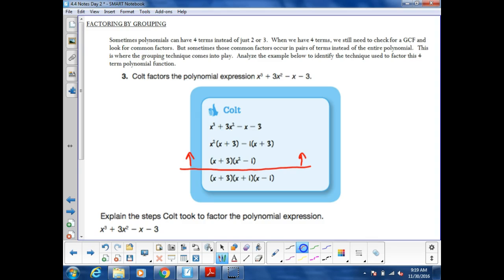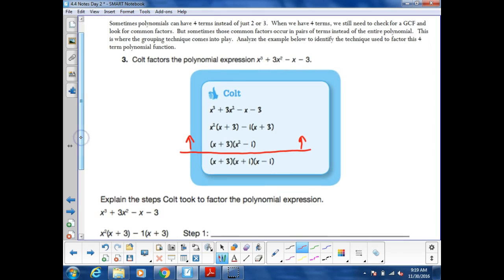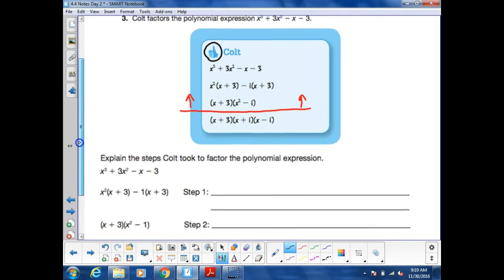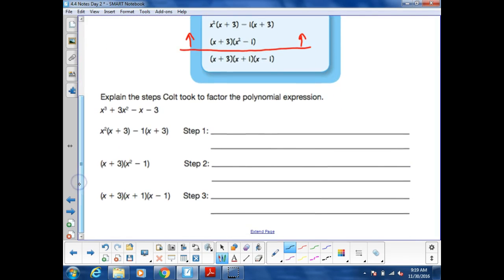Let's explore what Colt did. He did it right. It's good. I know it's good because I've got the thumbs up from Colt. But let's look at what he did now. So we started with the expression that we're factoring.